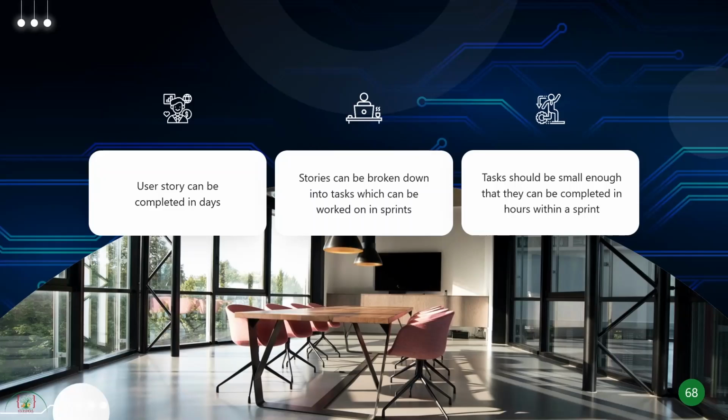It can be completed in days. Usually, you should be able to complete it in the sprint time box. And then the user stories can be further broken down into tasks, which you will be working on in sprints. And the tasks should be small enough that you should be able to complete it in hours, right, within a sprint.